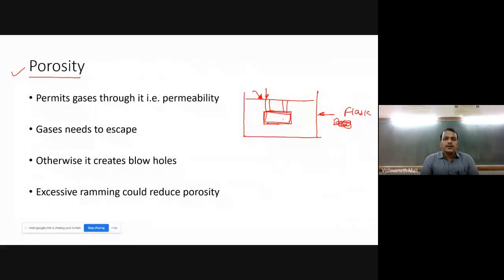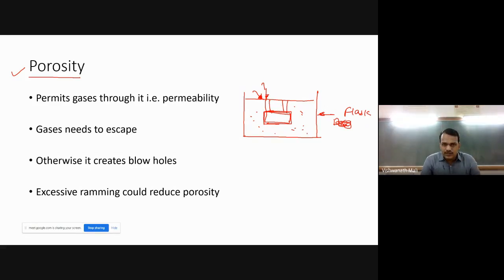Plus, as we are using green sand, it contains some moisture. So there are gases in the molten metal, air will be entrapped while pouring the molten metal, plus your molding sand has some moisture.